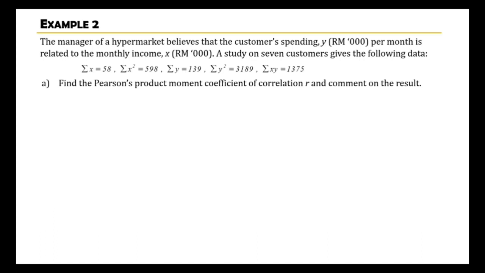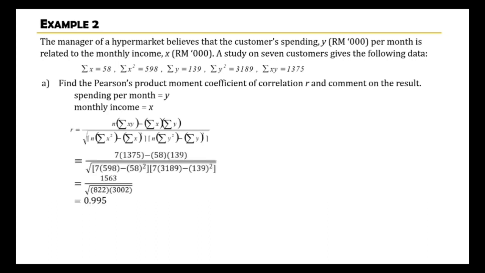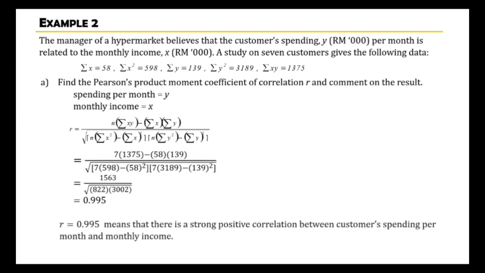So customer spending per month is y and monthly income is x, and Pearson's product moment is given by the formula R, and all the data is already given. Just substitute into the formula, we get 0.995.